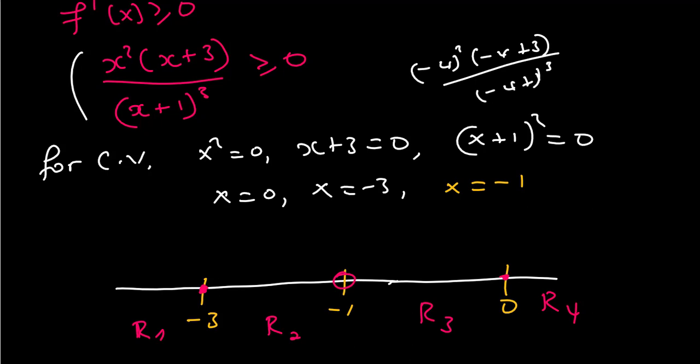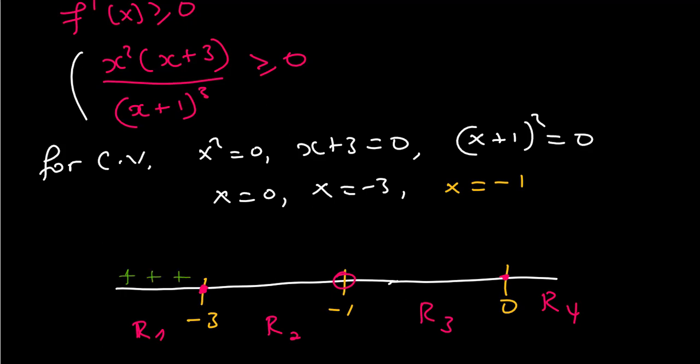So negative 4 squared is 16, times negative 1, divided by a negative number. A negative number divided by a negative number gives something positive. So region 1 is positive.